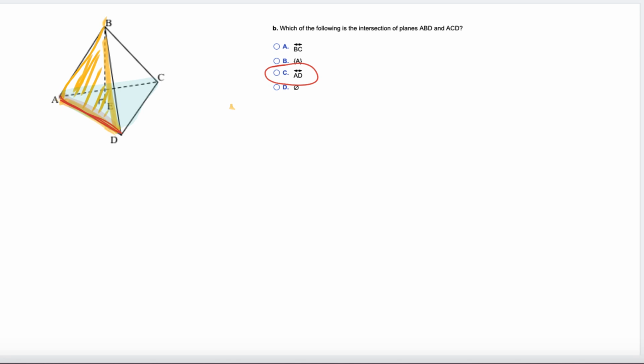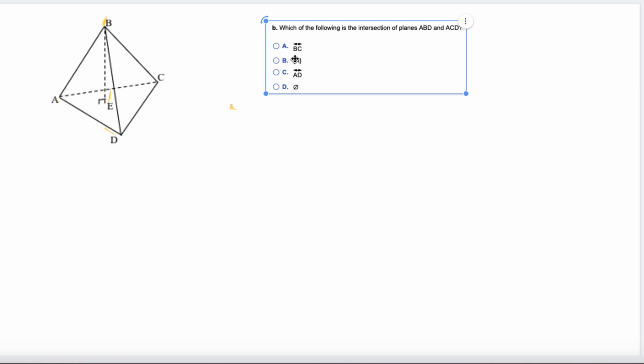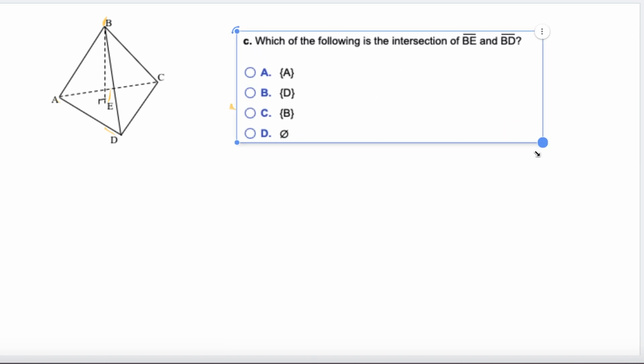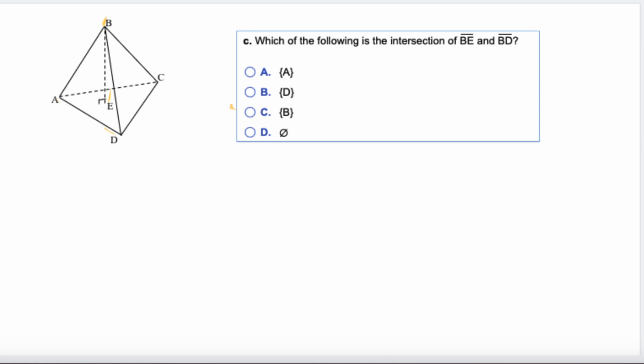Okay, I think I can do it this way. So part C: which of the following is the intersection of segment BE and BD?